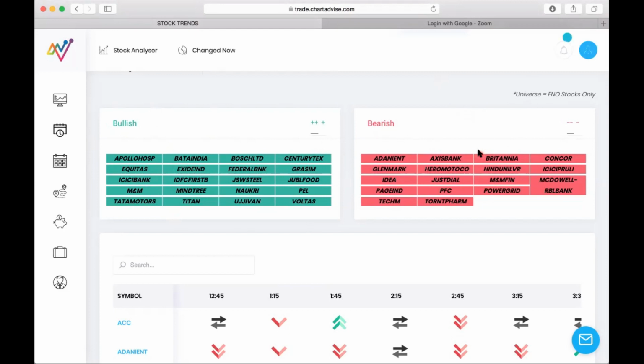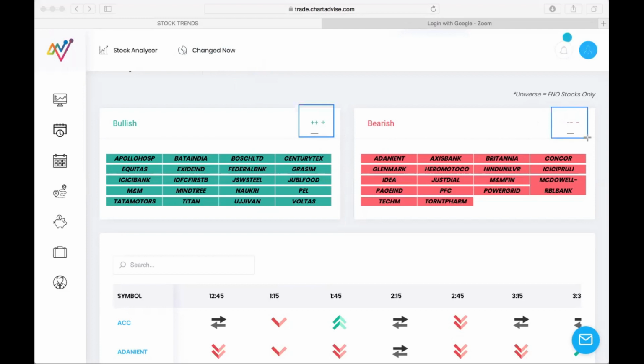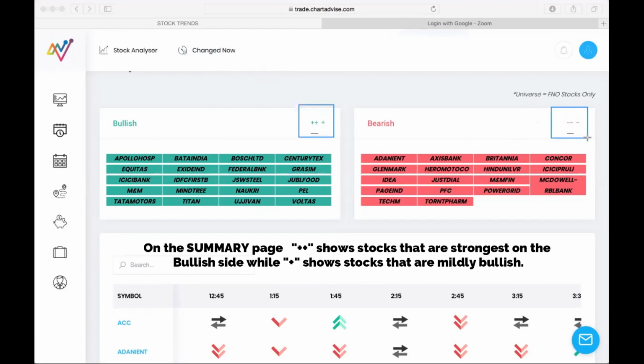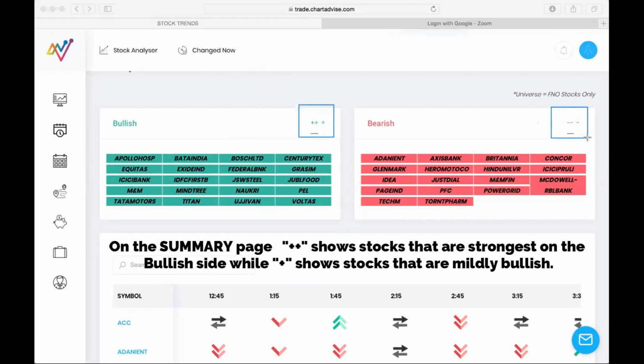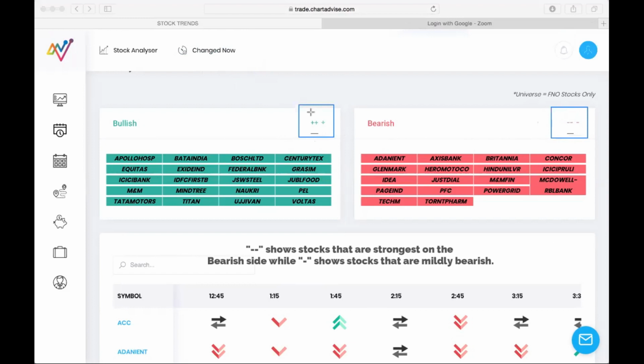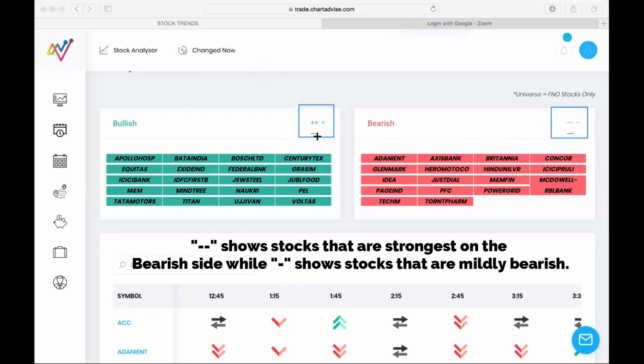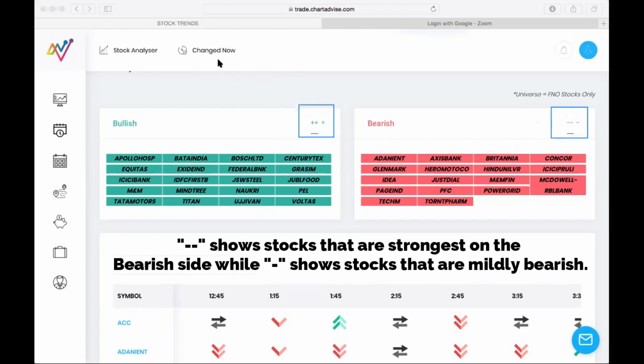Moving on, we've also done further filtration, where you can see here that there is a plus sign and a minus sign. What this really means is that the stocks in this summary window have been classified into mild bullish, strong bullish, mild bearish, strong bearish.